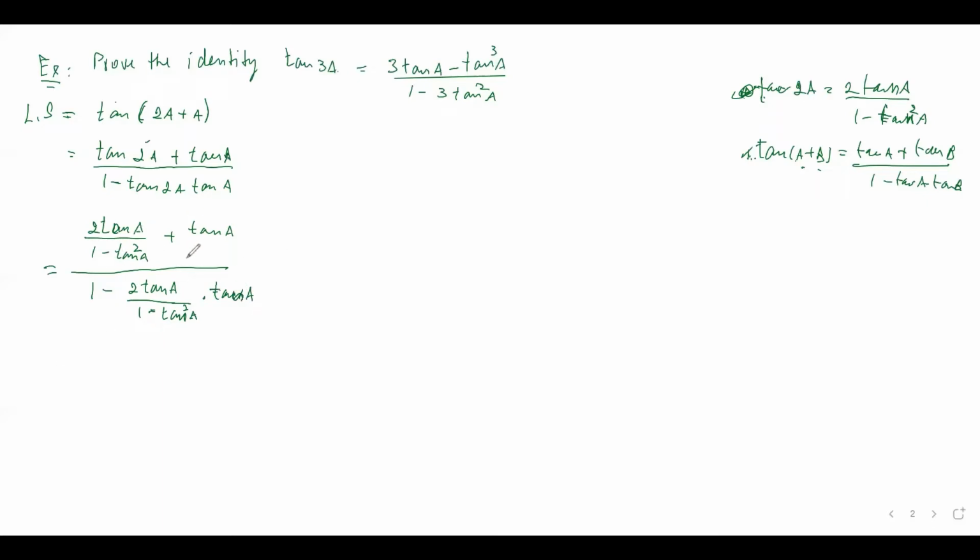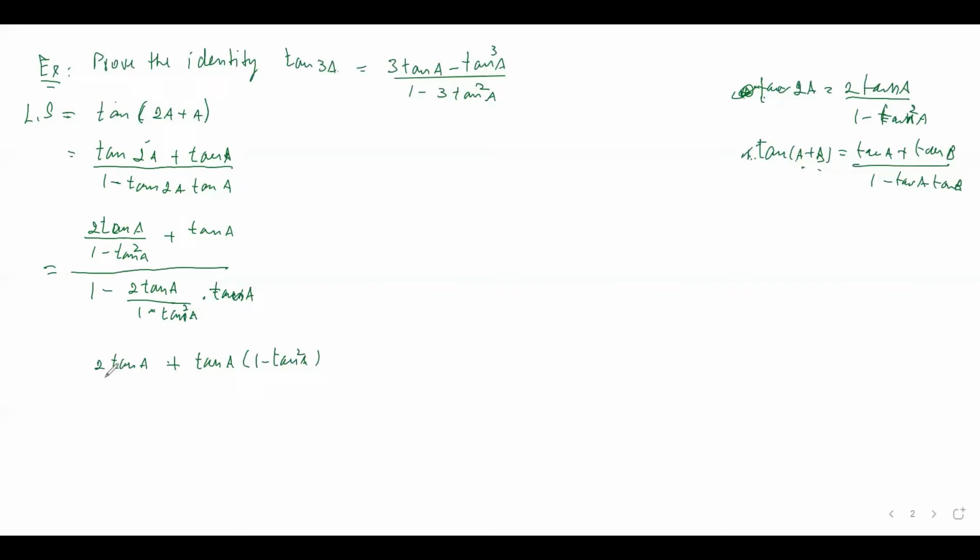Then after this, we simplify, right? LCM, the top one, the numerator, is 1 minus tan squared A. So we have 2 tan A, and this tan A times this LCM, correct? So it becomes plus tan A times (1 minus tan squared A).